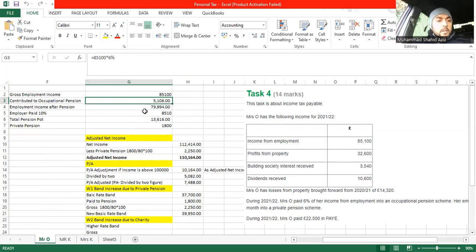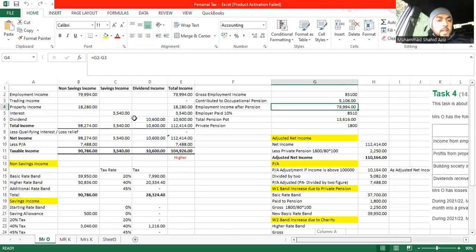So employment income after pension is 85,100 minus 5,106 pounds, which is equal to 79,994 left. This 79,994 pounds I have written here under non-savings income.